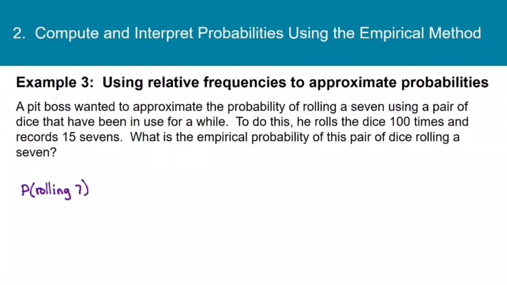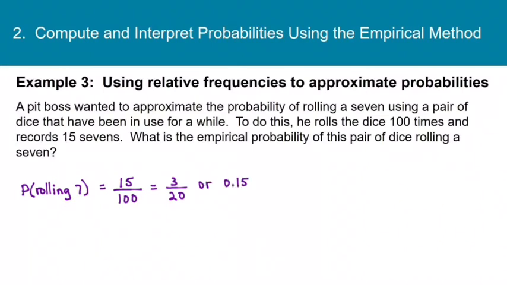So the probability of rolling a 7 is 15 observations over 100 total trials, and so it's 3 out of 20. If you need to express it in fraction form, it's 3 out of 20, or if you want to go to decimal form, it's 0.15.